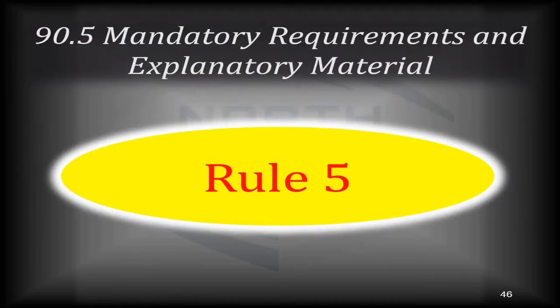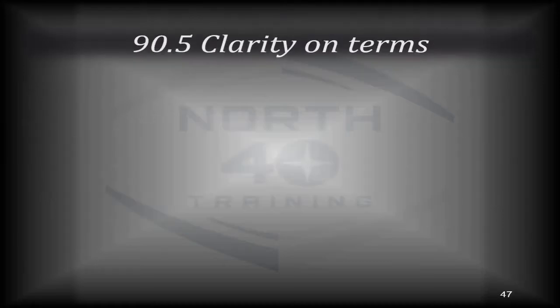90.5 Mandatory Requirements and Explanatory Material. Getting into 90.5, which leads us to clarity on terms. And clarity on terms is quite a big portion to deal with, but we're going to make fairly short work of it.